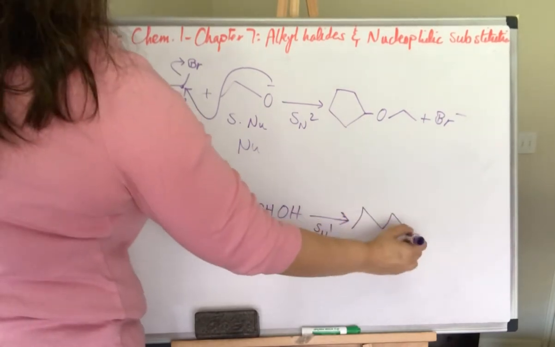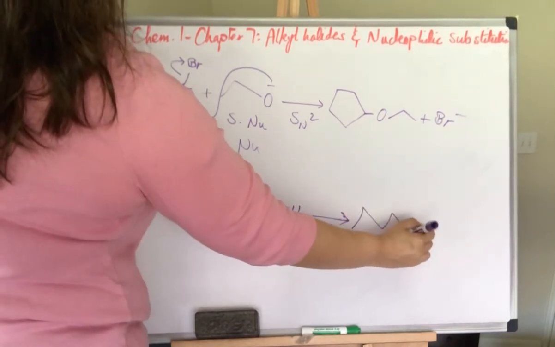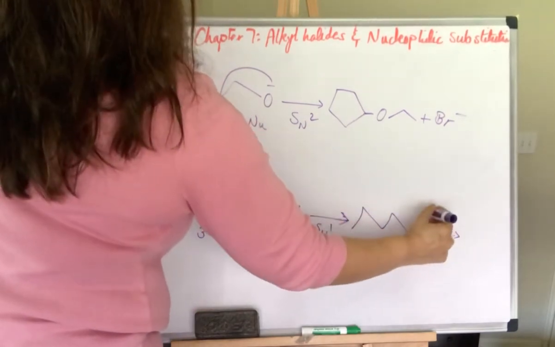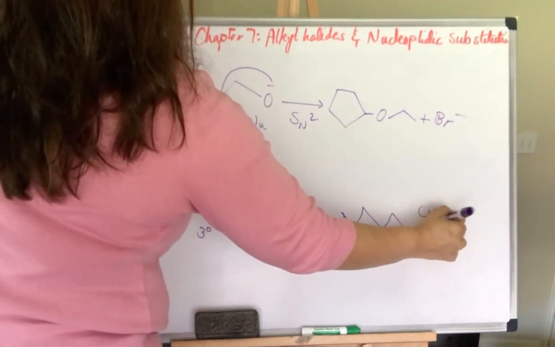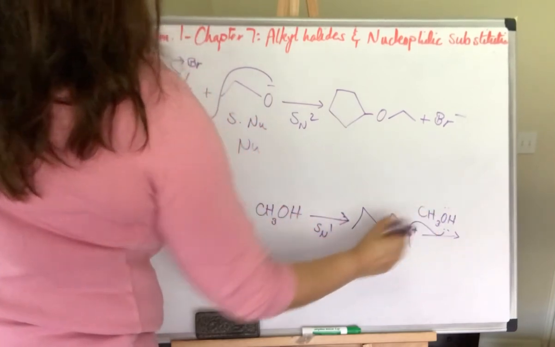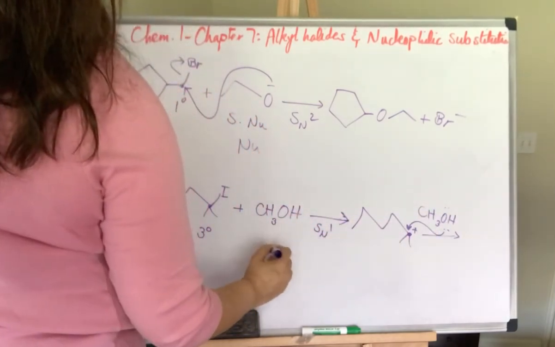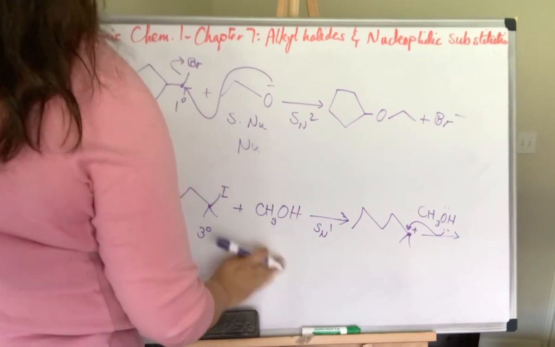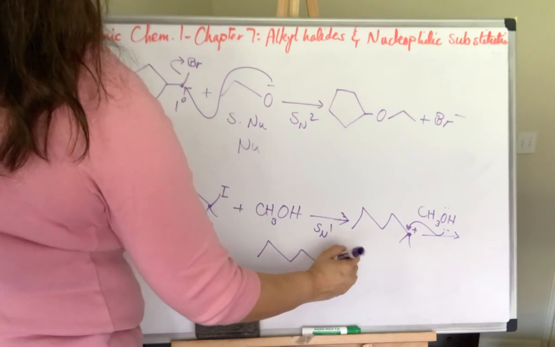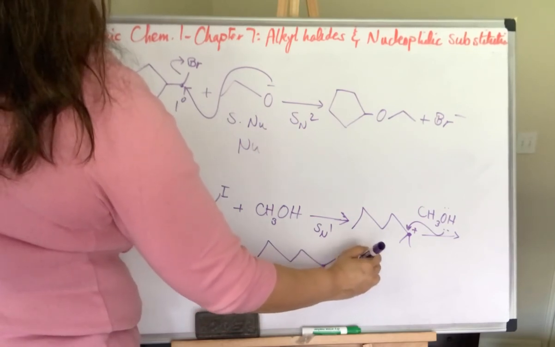The molecule first needs to get rid of its iodine because it's too crowded here. And then CH3OH is going to attach, so it's going to form OCH3.